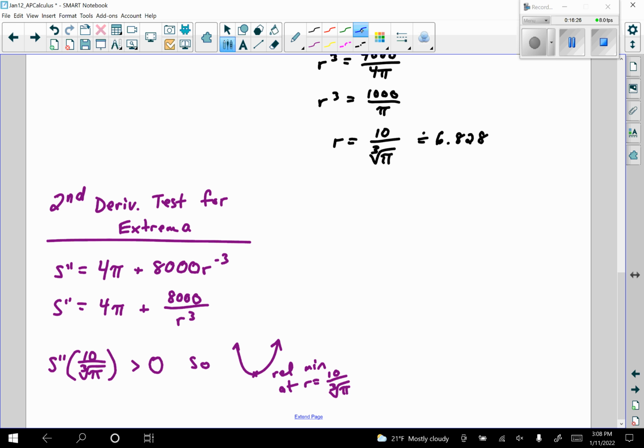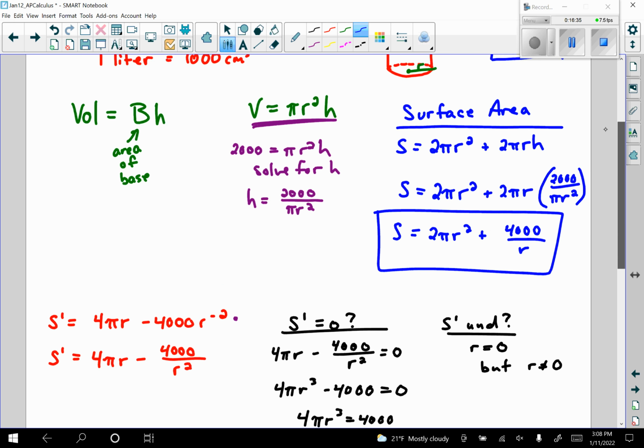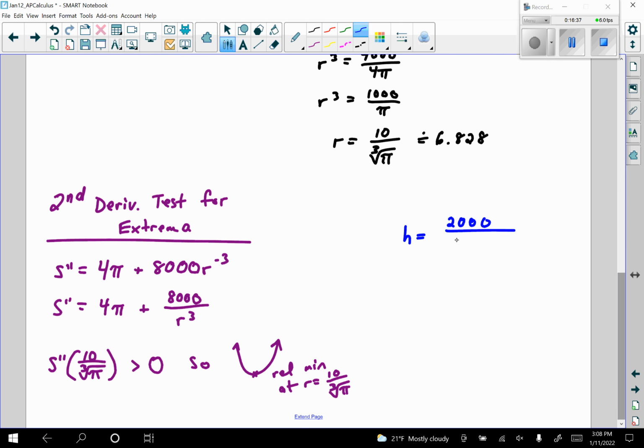So we just need to find the height now. If you recall, our height was 2,000 over pi r squared. And r is 10 over the cube root of pi, squared. We just have to simplify this now. So we're going to get 2,000 over pi times 100, and this will be pi to the 2/3.